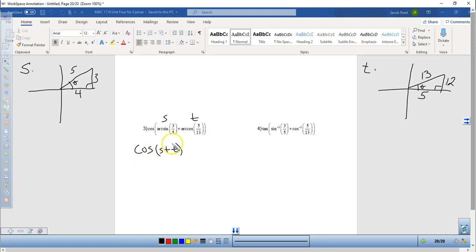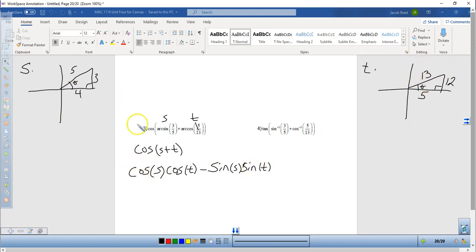Now, when we do cosine of s plus t, remember it's cosine of s, cosine of t. Sine in the middle changes, and then we have sine of s, sine of t. All this means is that I'm going to find the cosine of the s graph, multiply it by the cosine of the t graph, and then subtract, then do sine of the s graph times sine of the t graph.